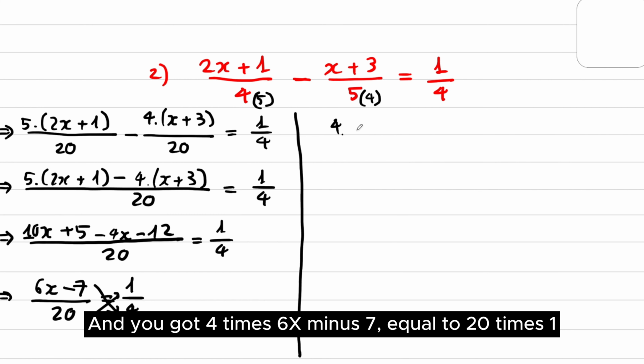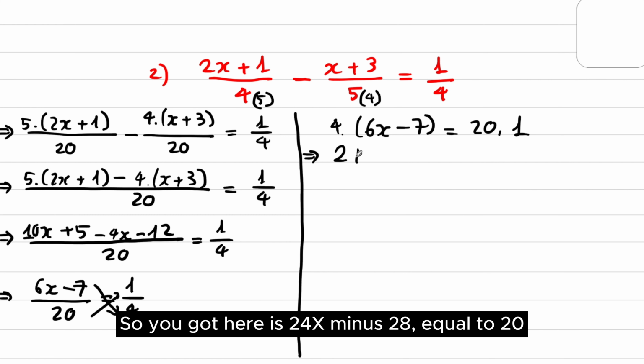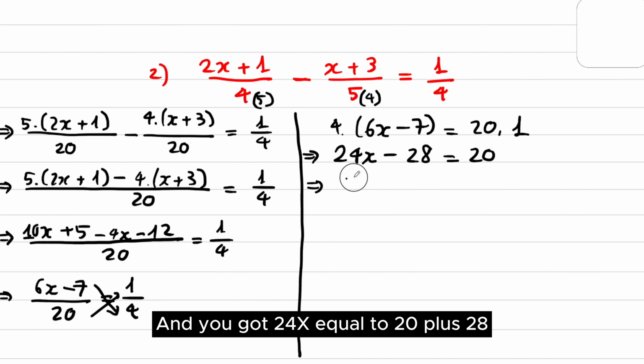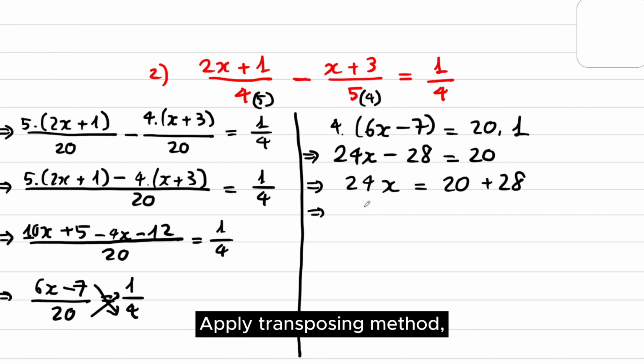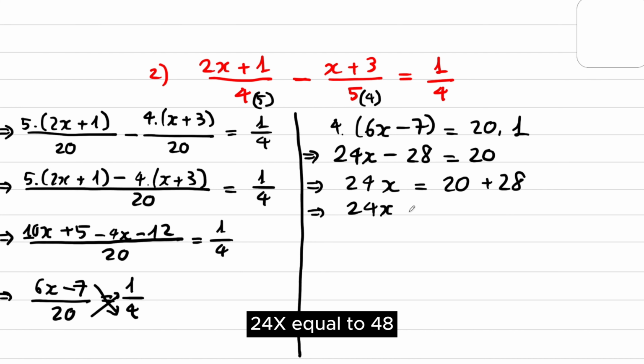And you got 4 times 6x minus 7 equal to 20 times 1. So you got here 24x minus 28 equal to 20. And you got 24x equal to 20 plus 28. Apply the change of sign method. Yeah, 24x equal to 48.